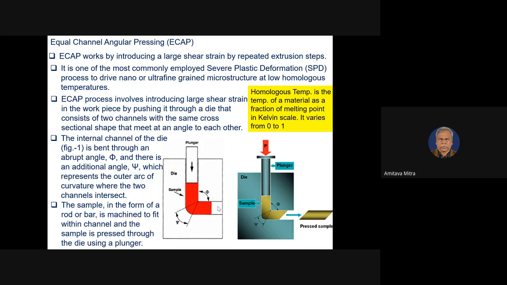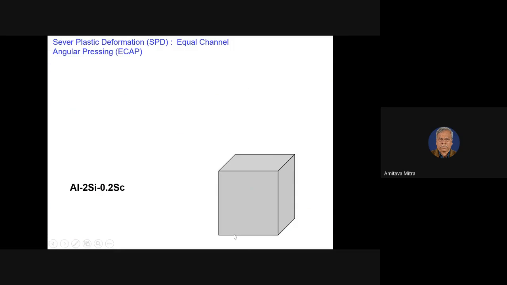The sample, in the form of a rod, bar, or square shape, is machined to fit within the channel, and the sample is pressed through the die with a plunger. So let us see how it occurs.